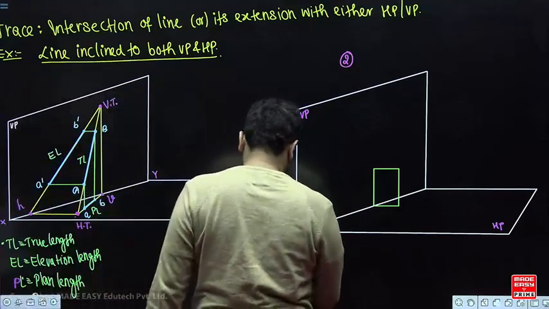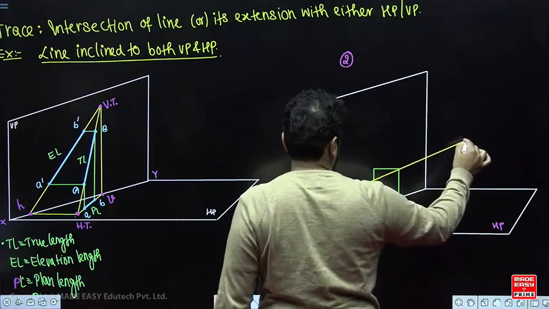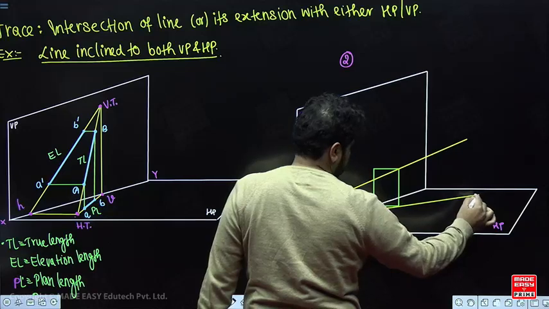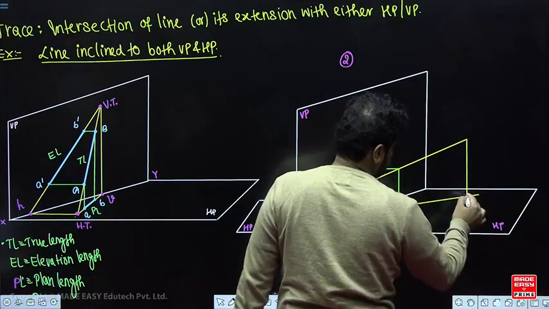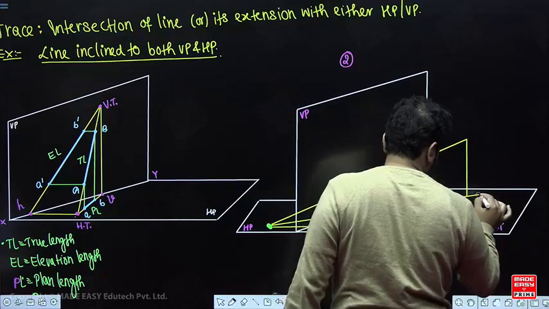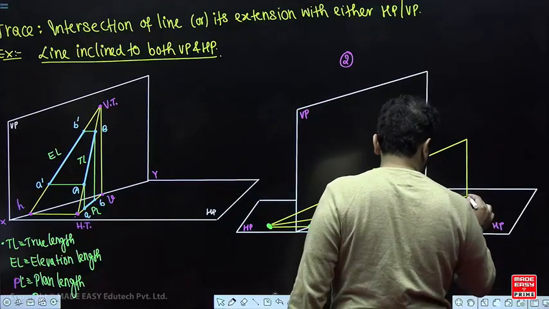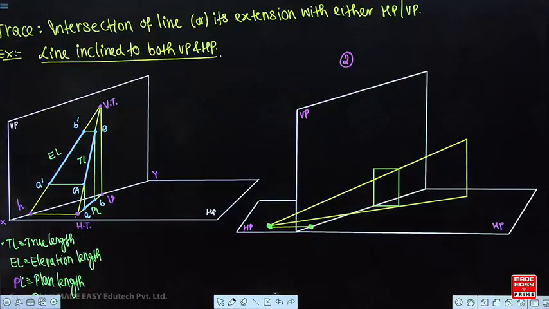Now, from here draw one line like this, another line from here, correct? Draw like this. Okay, done.